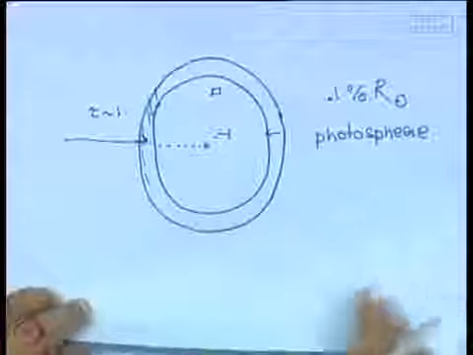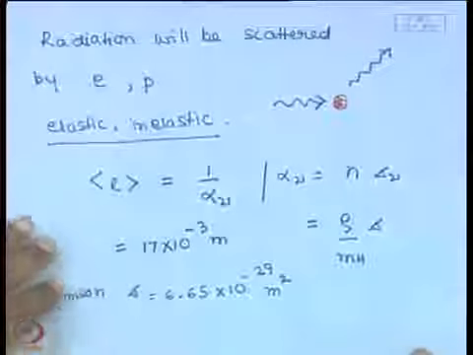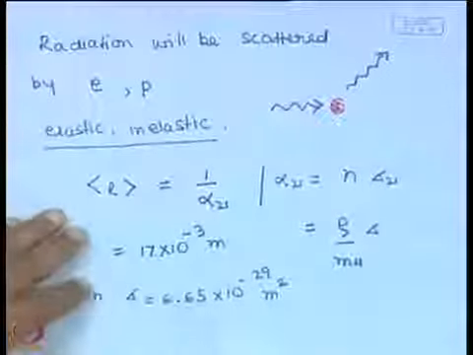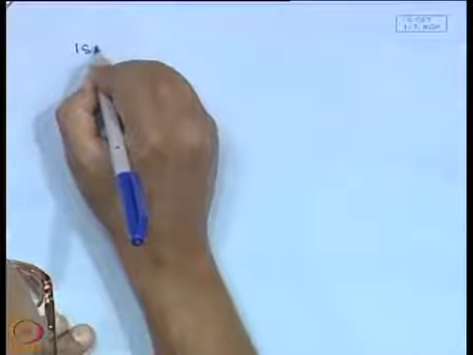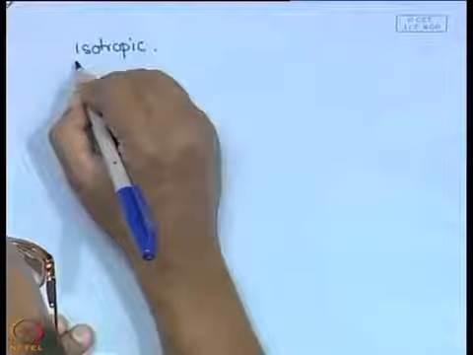So, let us try to make a more quantitative description of this. Now, we have studied radiative transfer. So, let us see what happens if you try to use radiative transfer to describe this process of scattering. Okay. So, we are going to assume that the scattering is isotropic. That is what we are going to assume.